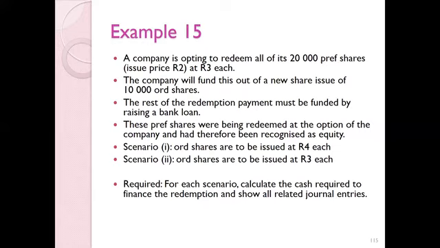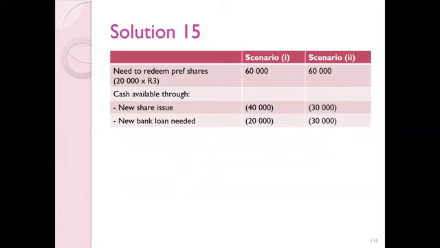So that then means in scenario 1, how much money are we going to generate from issuing 10,000 ordinary shares at 4 Rand each? We're going to get 40,000 Rand from the new share issue, which means that how much money do we still need? We only need 20,000 Rand more to be able to redeem the 60,000 Rand for the preference shares.